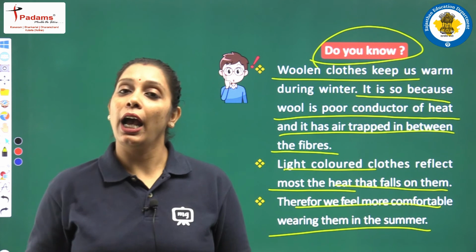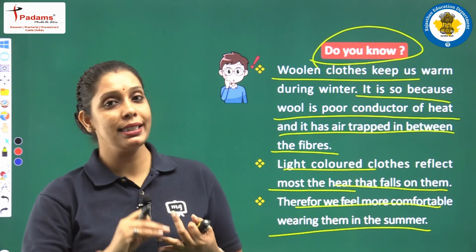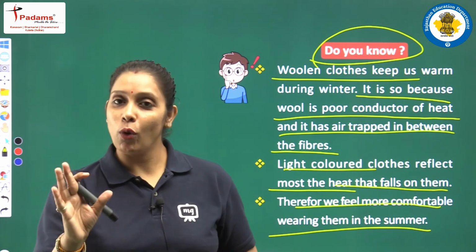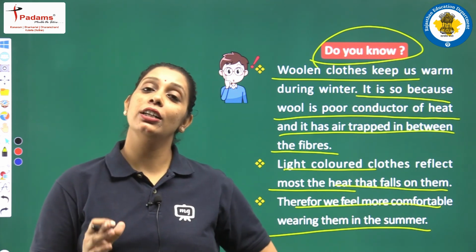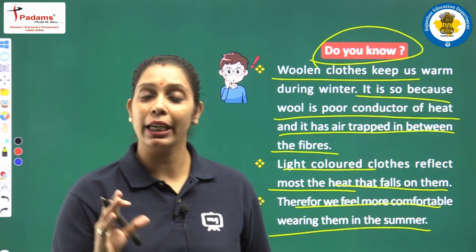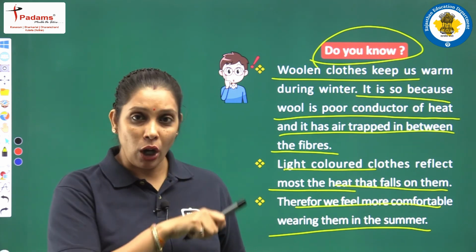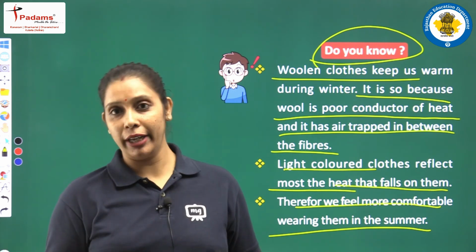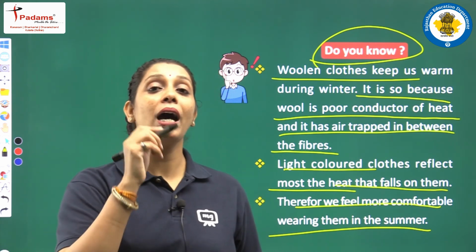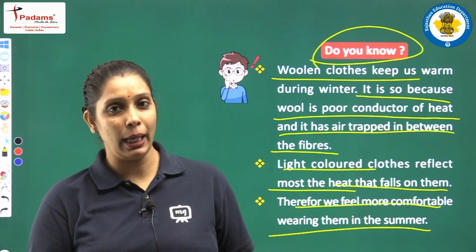Fine student, I hope it is clear to everybody what is conduction, what is convection, and what is radiation. What is conduction? Conduction generally happens in solid substances in which the heat transfers from the hotter end to the colder end. Fine. In convection, it flows from the part which is having hot temperature towards the cold temperature.